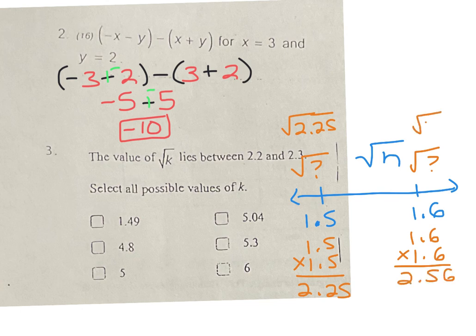So that means I'm taking the square root of 2 and 56/100. So if the square root of h is between them, what that would tell me in turn is that h would have to be less than 2 and 56/100, but greater than 2 and 25/100. So I know it would be a value between those two. Use that same process to come up with the value of k.